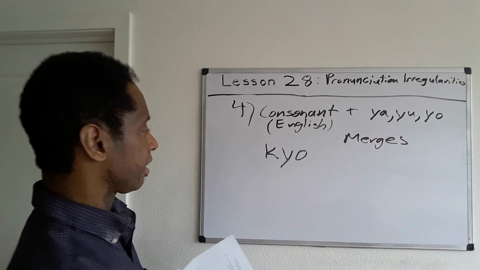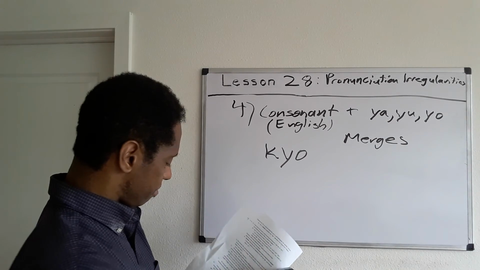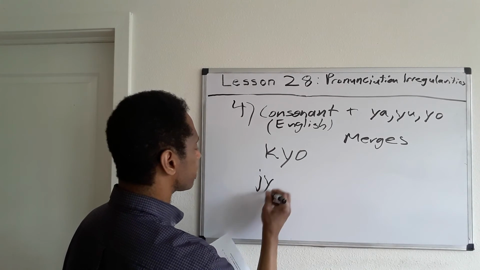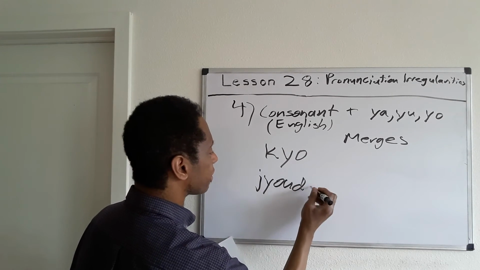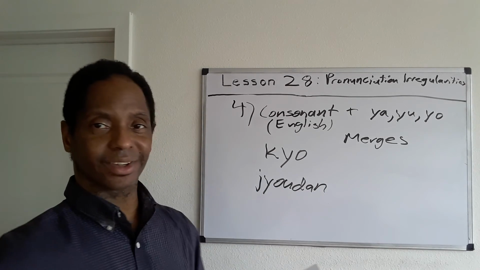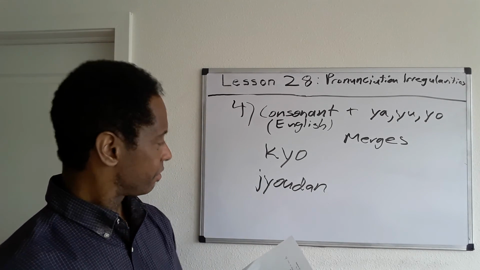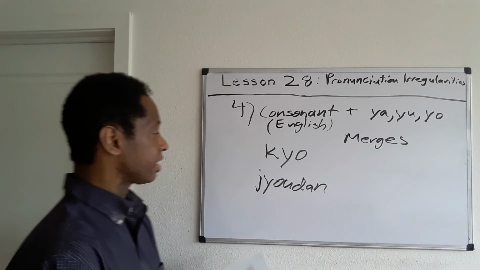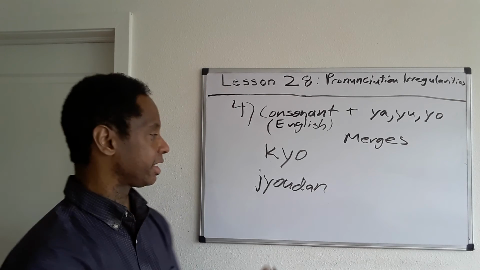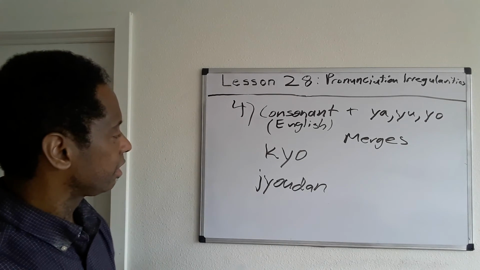It would be different, but that's how you would pronounce it. Another is jodan. That's jodan. Okay. We're writing in Romaji, so that's what you might probably see in, you know, romanization of the Japanese language.